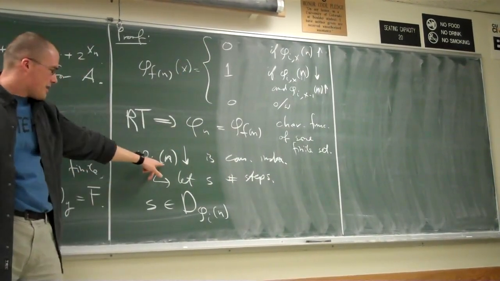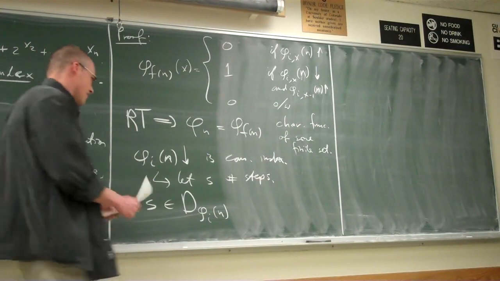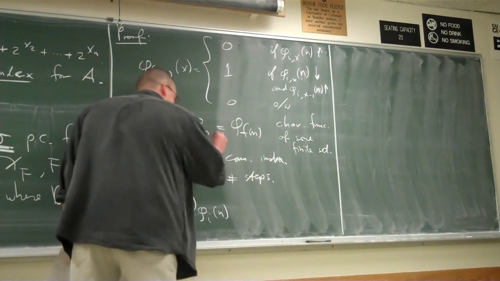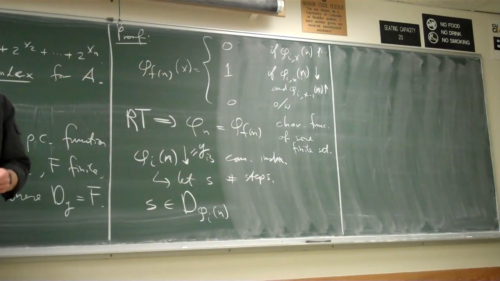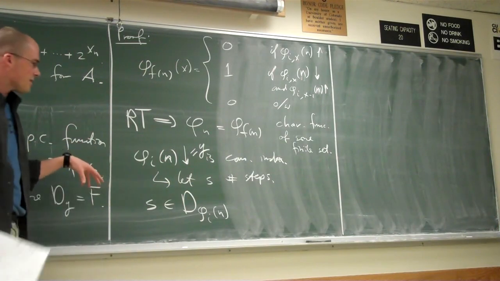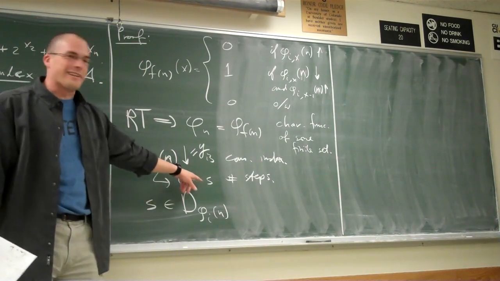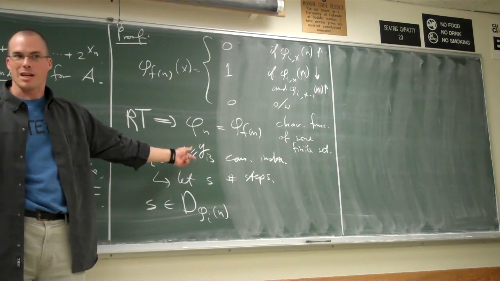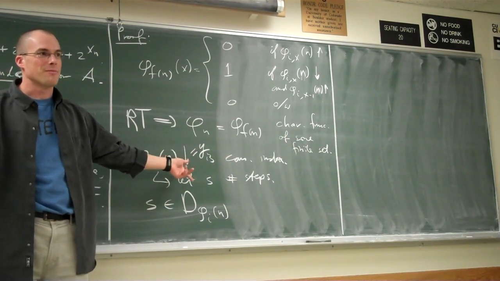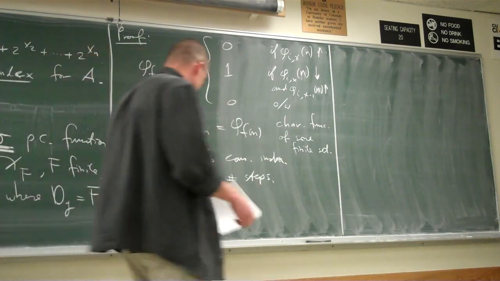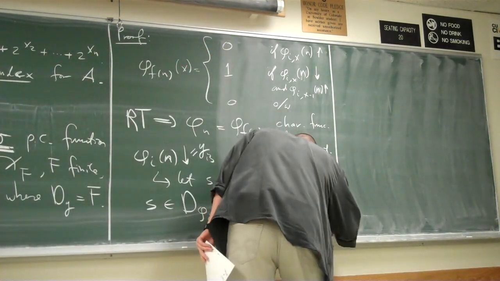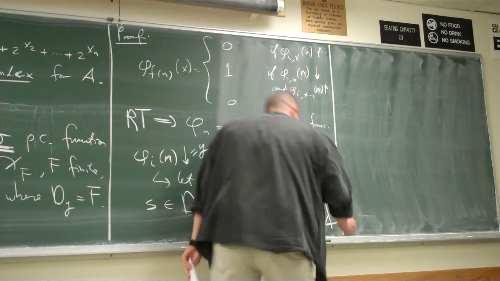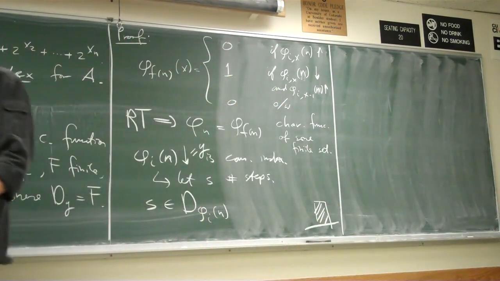And so this canonical index, maybe I should give it a name, this canonical index y is the canonical index for the singleton S, the set containing only S. End of proof.